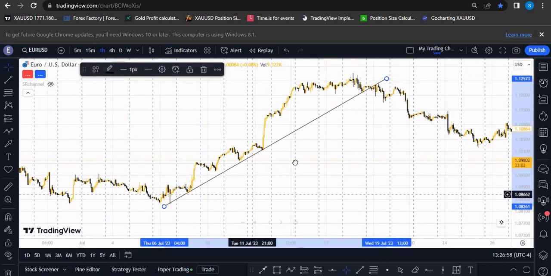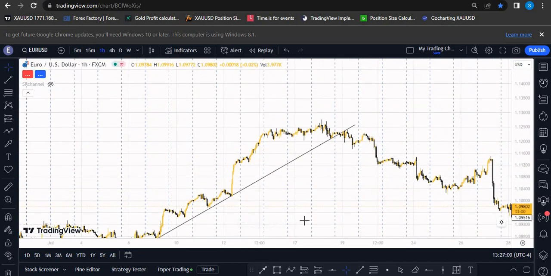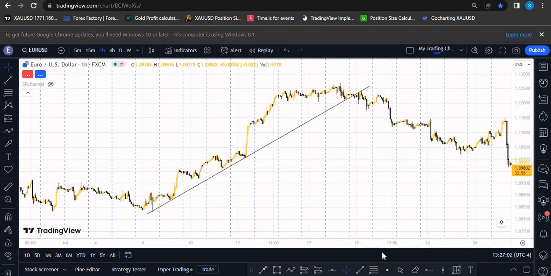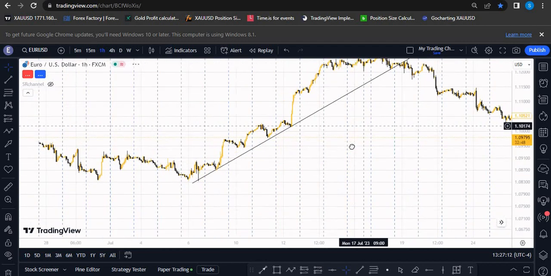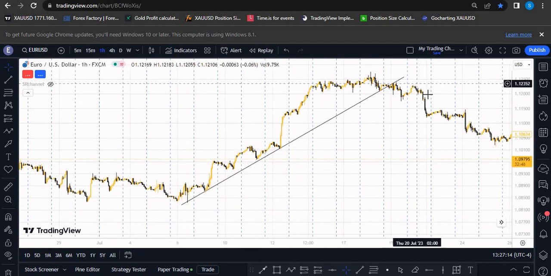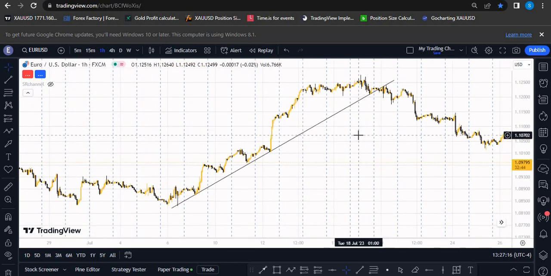This is the first touch, this is the second touch, this is the third touch, this is the fourth touch, and this is the breakout. You can see now that the market changes to non trend.